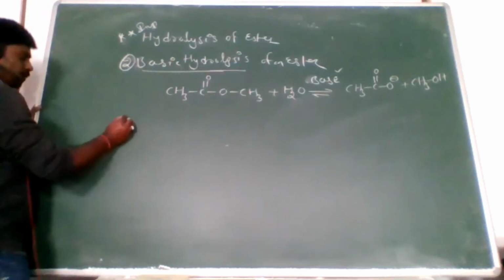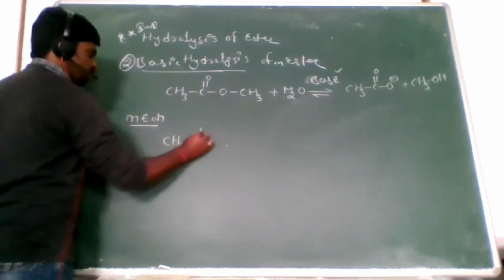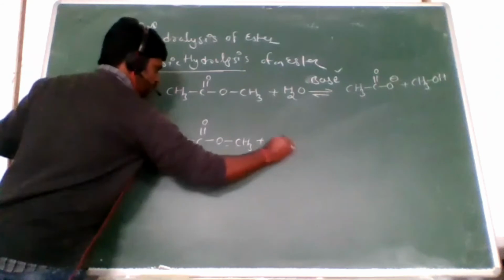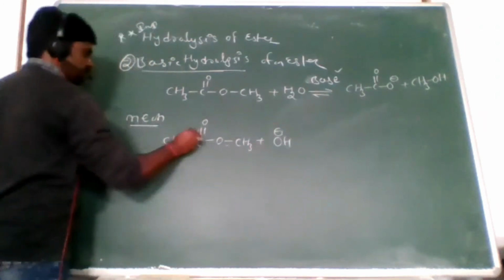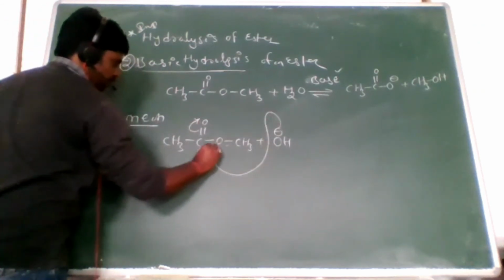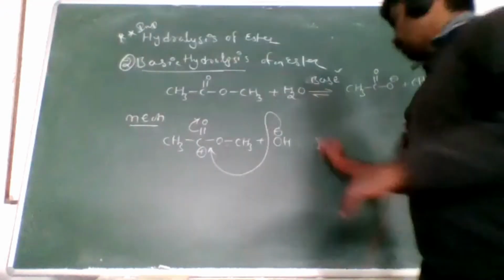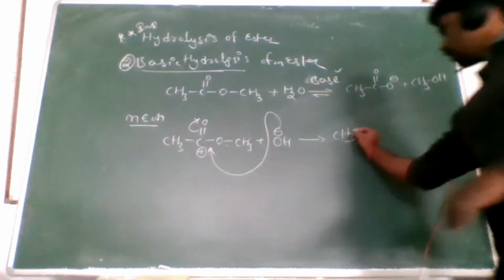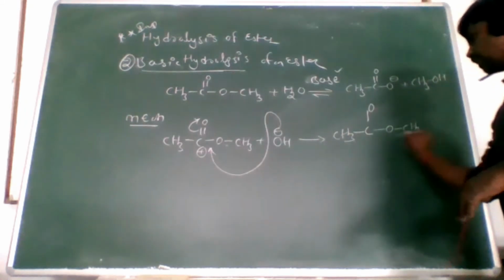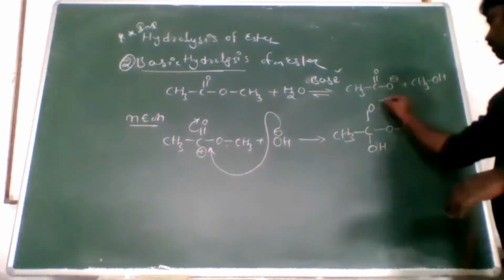Now look, I'll write the mechanism of how it forms. CH3 C double bond O, OCH3. In the presence of hydroxide, which is the base, the carbonyl carbon becomes positive. The negative hydroxide bonds to the positive carbon, giving CH3 C O minus, OCH3, OH.